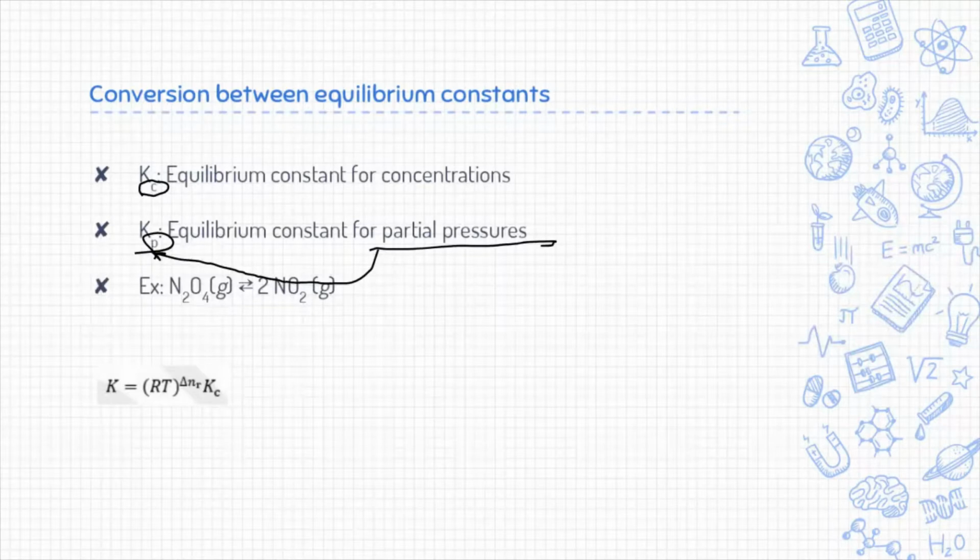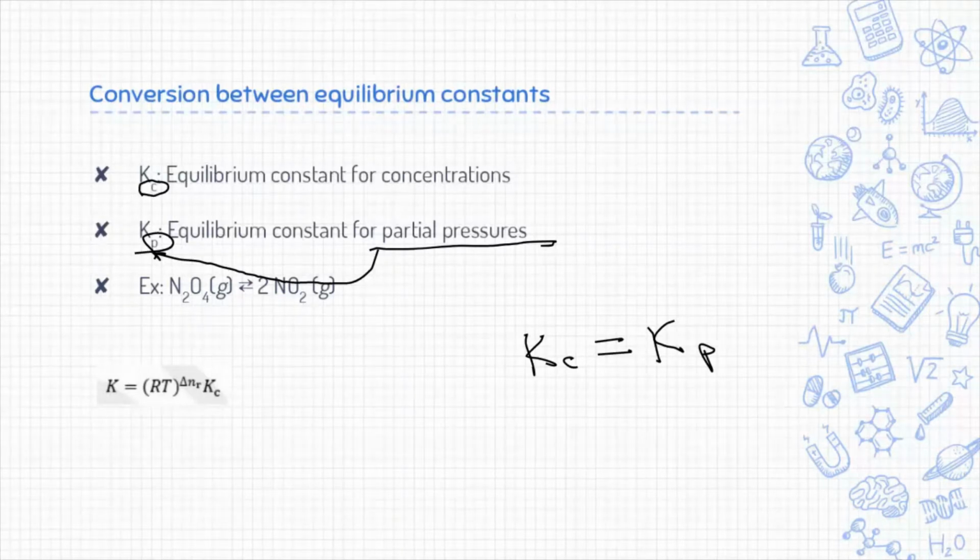Because you can't assume that Kc is equal to Kp unless there are two case scenarios where they are equal.